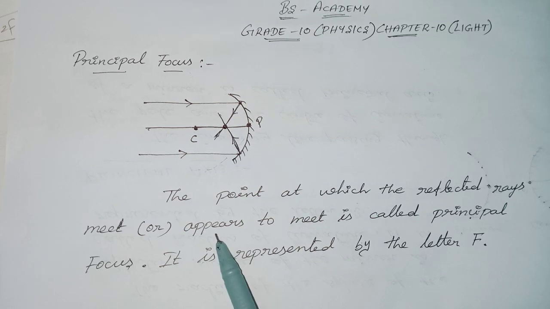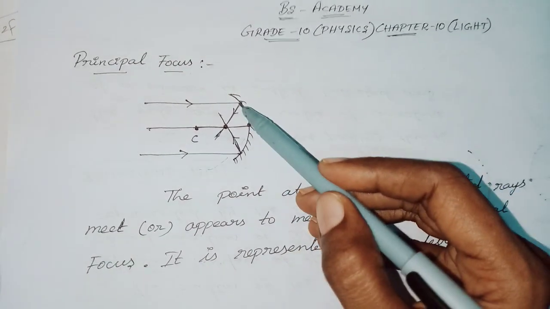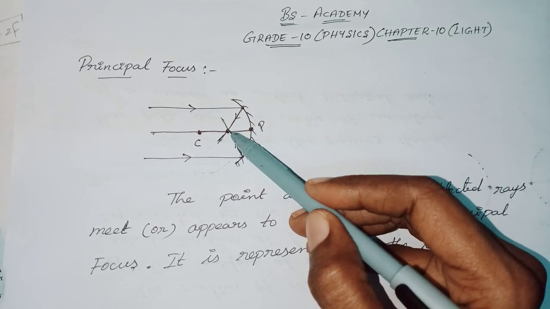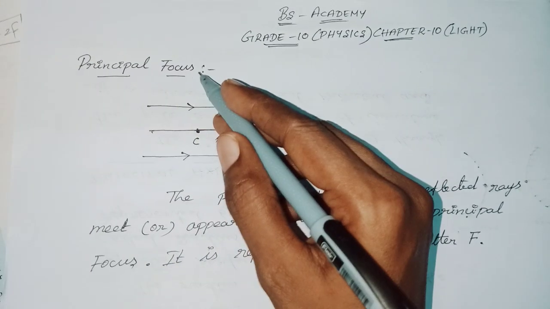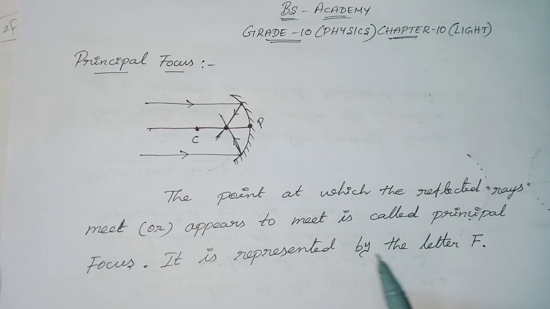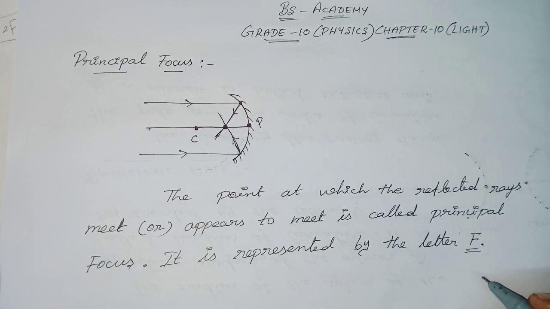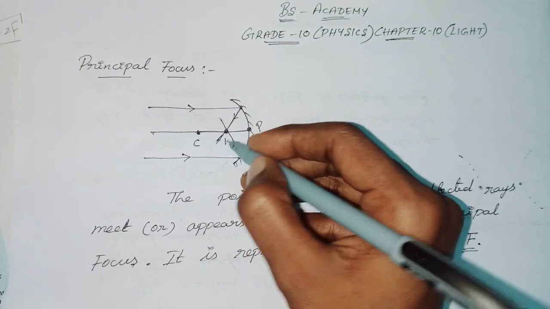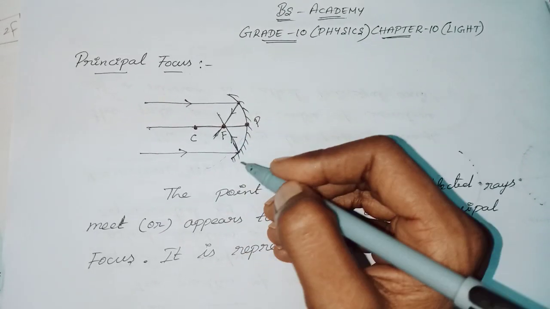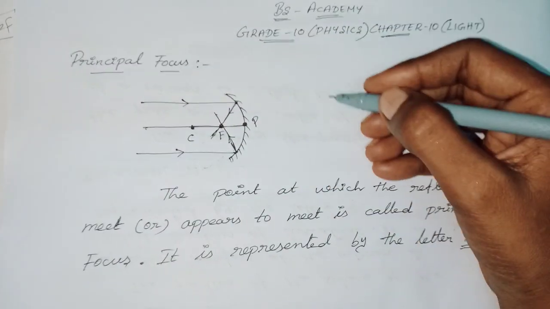For a concave mirror, the reflected rays actually meet at a particular point, and this point is called the principal focus, represented by the symbol capital F. So this point is represented as capital F, the principal focus. This is for the concave mirror.